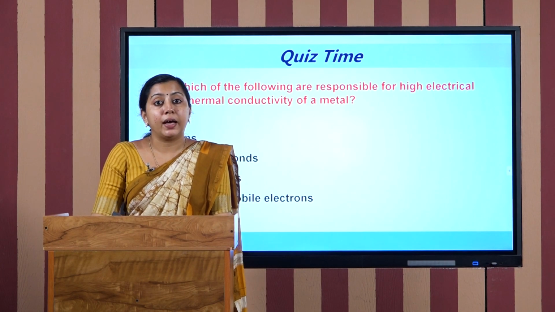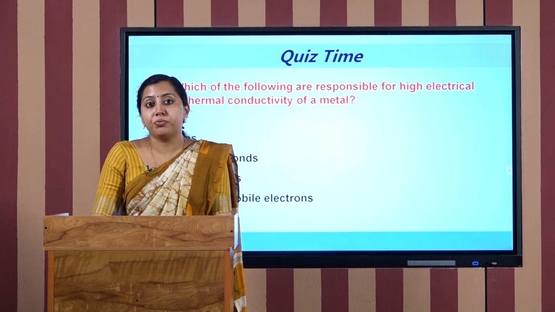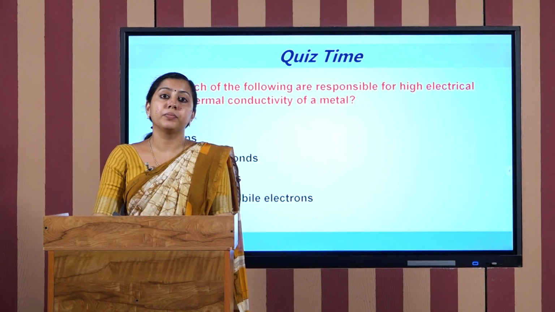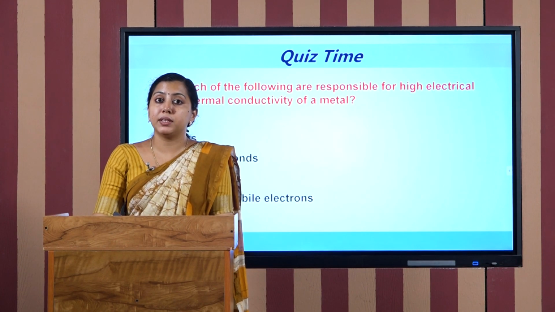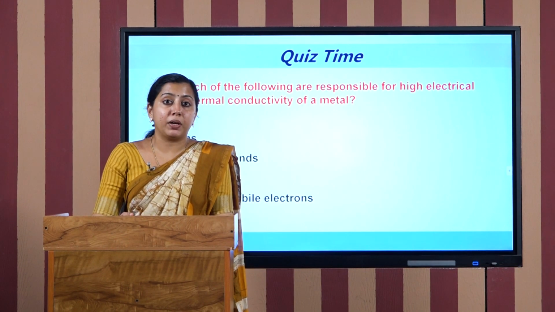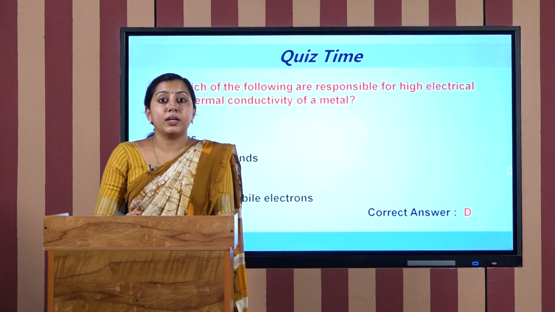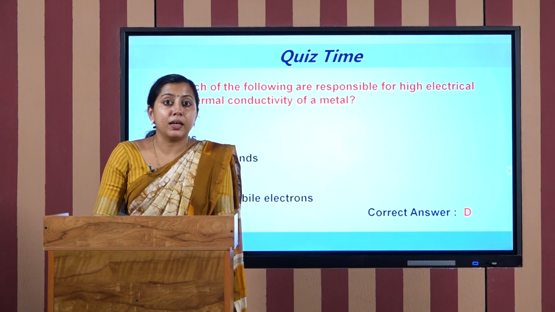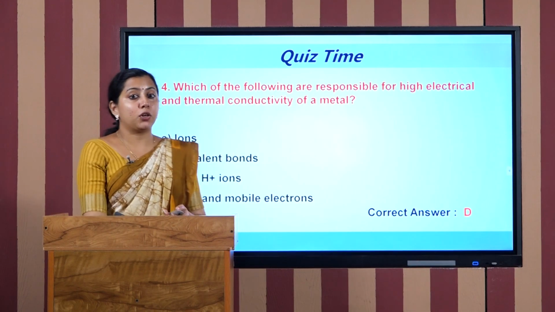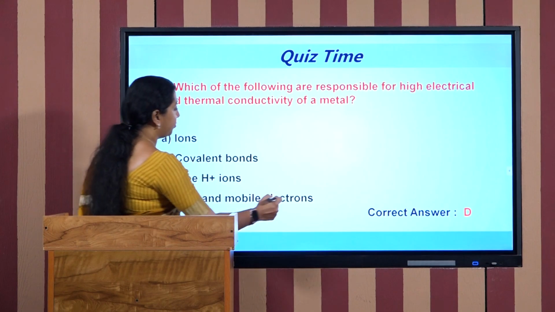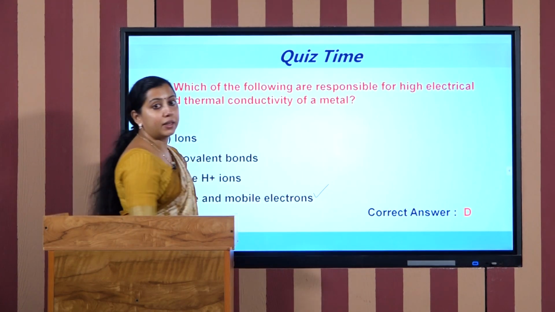High electrical and thermal conductivity of a metal is due to the presence of metallic bonding, and in metallic bonding we have seen that positively charged metal ions are surrounded by a pool of delocalized electrons which are free to move. So, these free electrons are responsible for high electrical and thermal conductivity in metallic solids. So, the correct option is option D, free and mobile electrons.